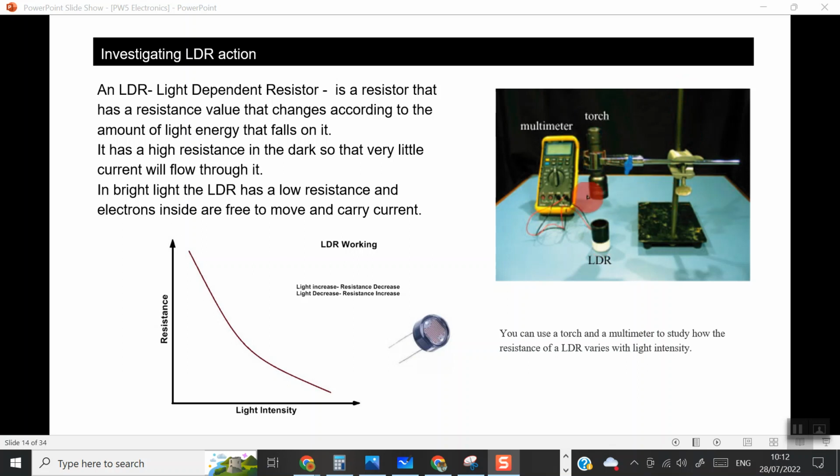The closer the light is, the more intense the light is going to be, and therefore the less resistance in the circuit. The further away the light is, the less light is going to hit the sensor, and therefore you're going to get more resistance. That will show up on this multimeter. You set it to measure resistance.